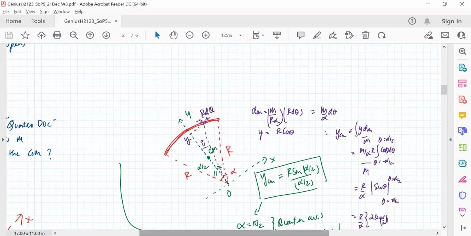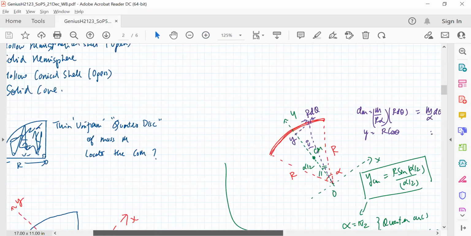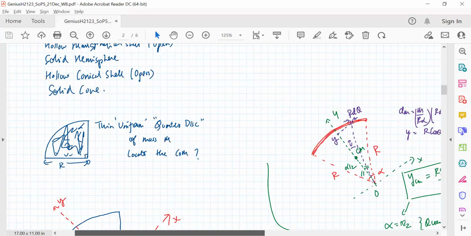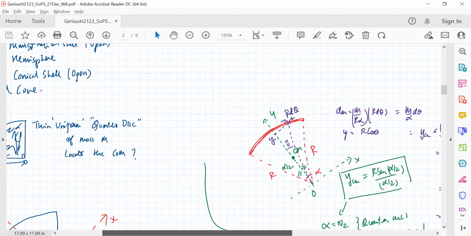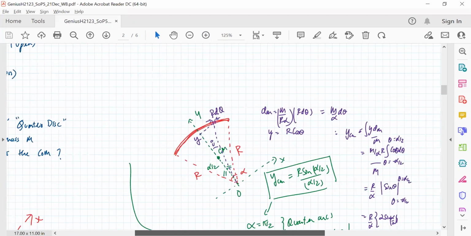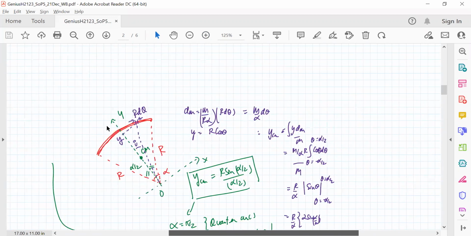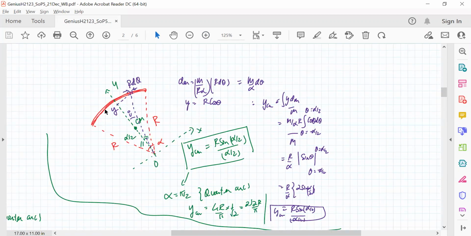Instead of a full semi ring, if I have a wire which is bent into an arc shape, okay, this one. So the red colored arc is actually our mass. Imagine it's a thin wire which we have bent into the shape of an arc, which is subtending a total angle of alpha at the center of curvature O.